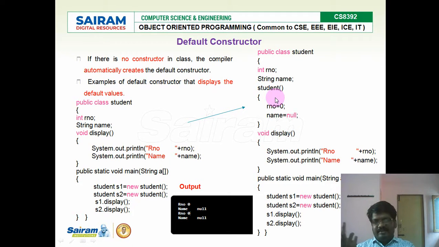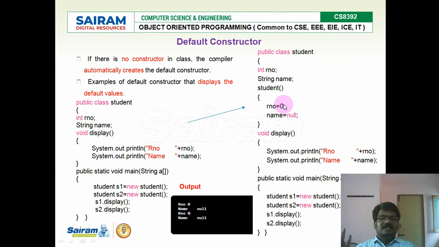And what is the work of the default constructor? It is going to initialize the member variable values for the object. For any object that has been created, roll number will be initialized as 0 and name will be initialized as null. I said that already. Even if you do not have a default constructor, its function is to initialize the member variables of the respective object by default.